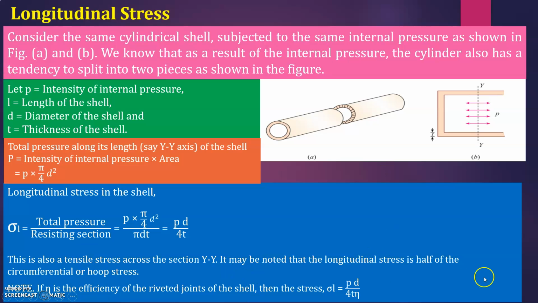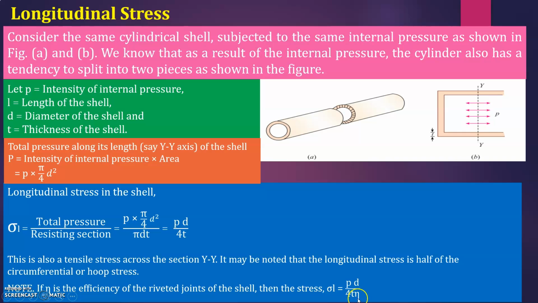It may be noted that longitudinal stress is half of the circumferential stress. Always remember that longitudinal stress is equal to half of the circumferential stress, or hoop stress. Suppose there is an efficiency, nu. Then the stress is given by sigma L equal to PD divided by 4 into T into nu.